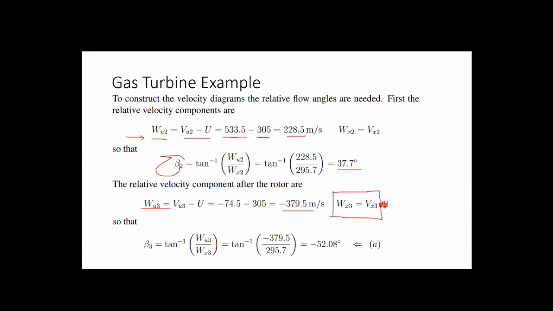This is a mistake. So beta 3 is equal to inverse tangent of Wu3 over Wx3, equal to minus 52.08 degrees. So now we have solved question A, but remember to sketch the velocity diagrams and put the needed values inside the diagram as asked in the question.